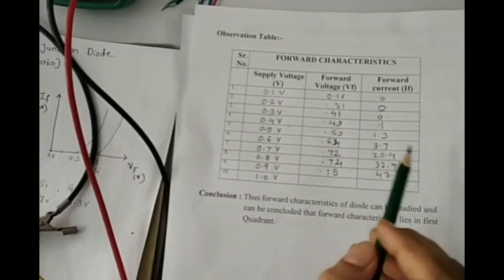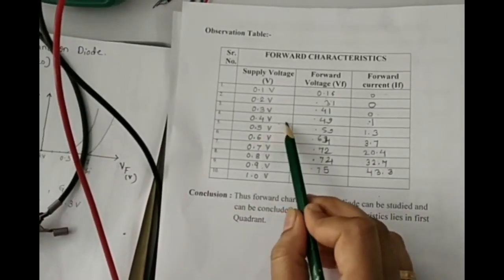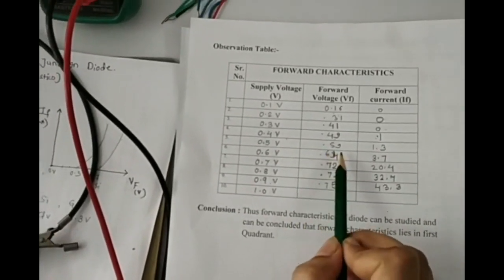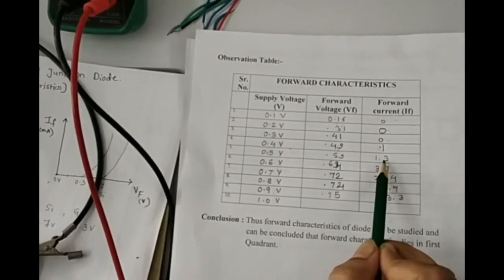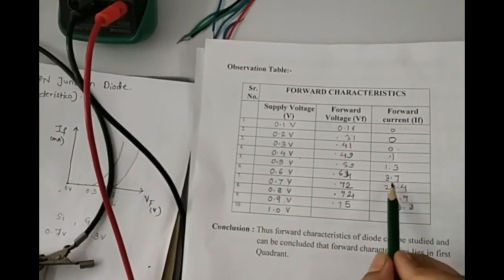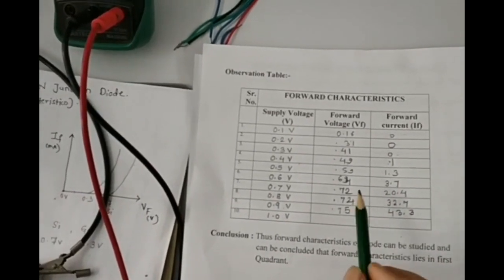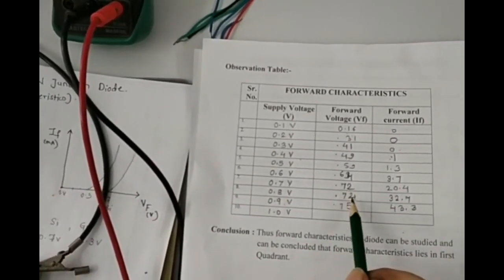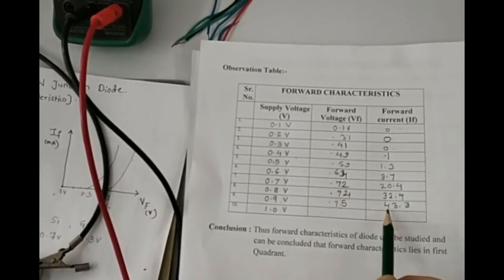That means the current conduction through the diode is after 0.4 volt, and after 0.4, when we start increasing to 0.5, 0.6, 0.7, you can see a drastic change in current, or the current starts increasing. But after 0.7 you can see here the voltage remains constant and current increases.